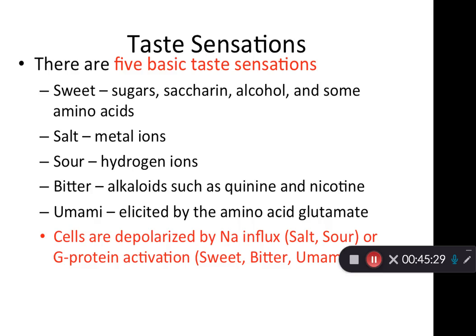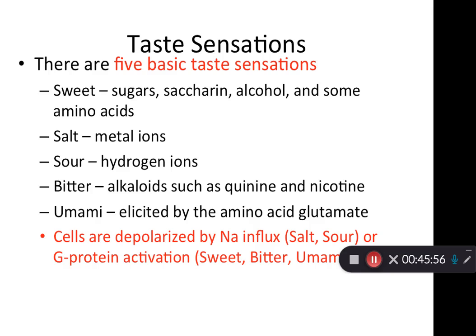So the second is the salty taste, which can be detected by the taste bud. The taste bud actually detects the metal ions to induce the salty sensation.